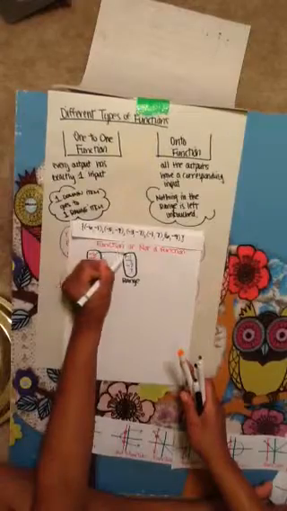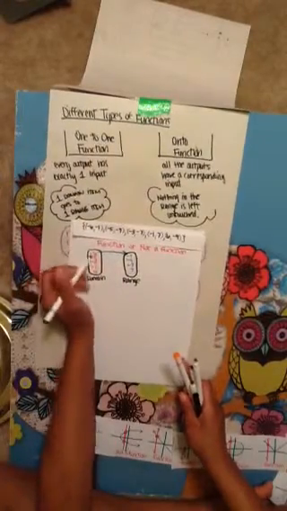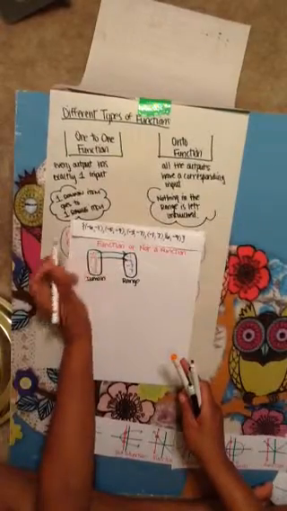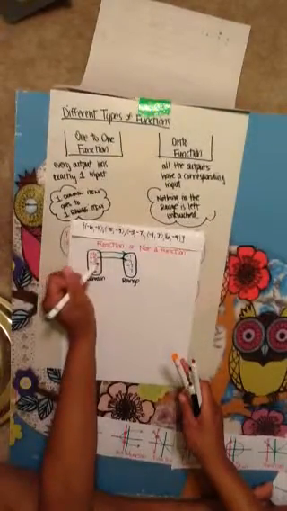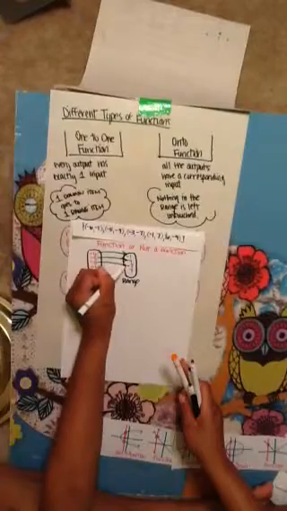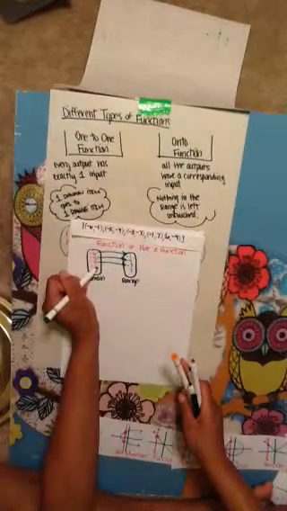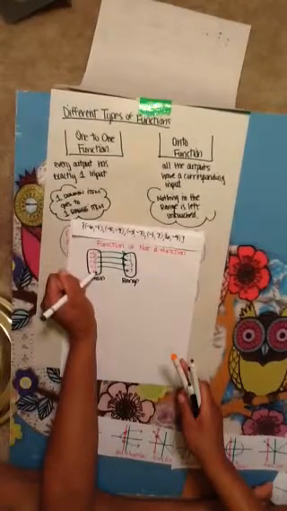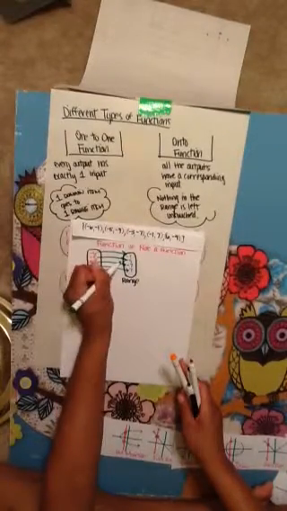-6 goes to -1. -5 goes to -9. -3 goes to -7. -1 goes to 7. And 6 goes to -9.